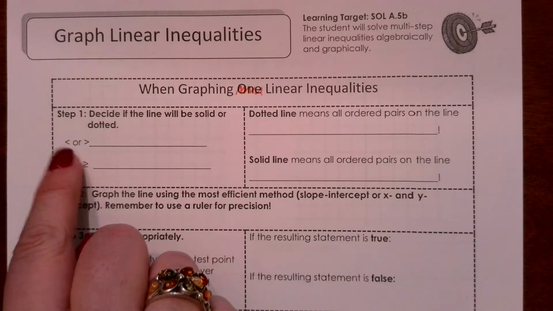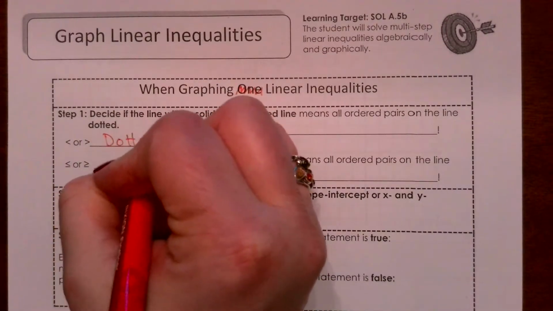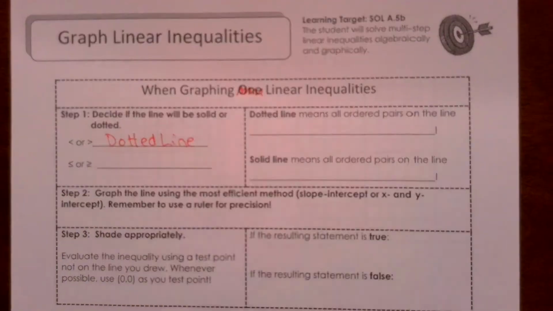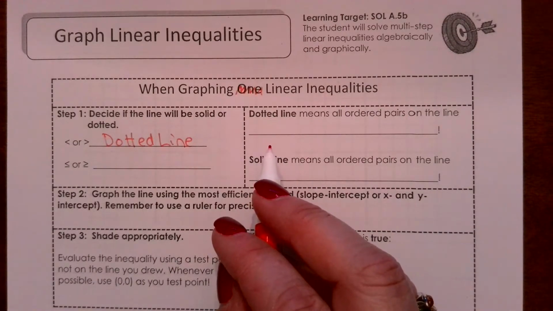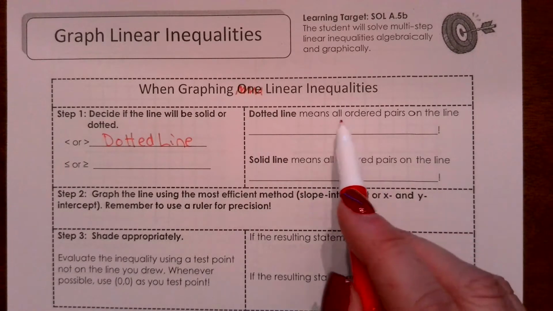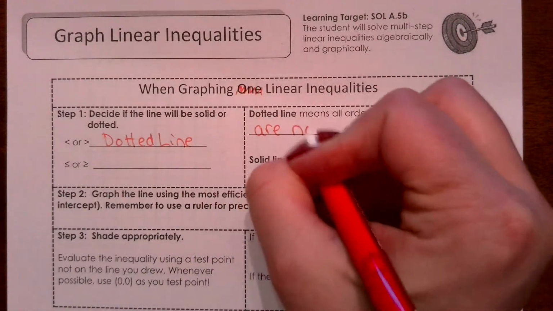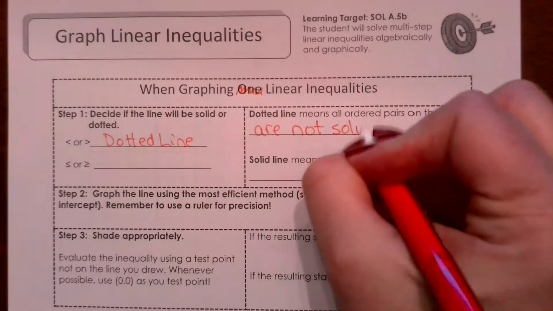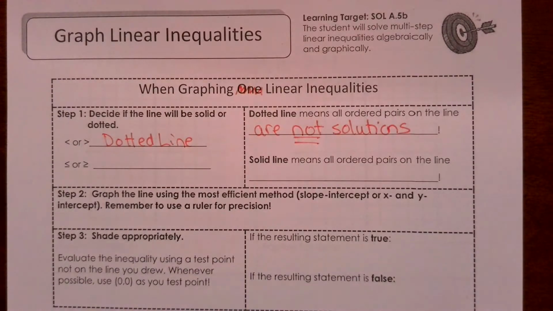If I have the symbols less than or greater than, I will draw a dotted line to represent my linear inequality. When I draw a dotted line, what that means is that all ordered pairs on the line are not solutions. They are not part of the solution set for that linear inequality.